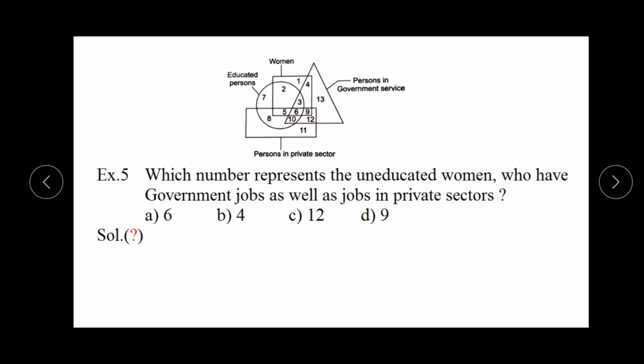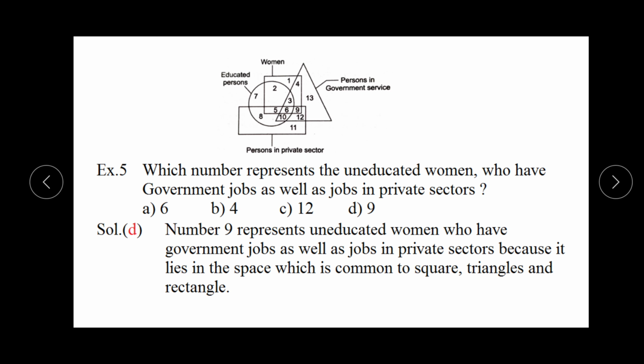But 1 is showing only uneducated women. 4 is showing women who are uneducated but in the government service only, not in the private sector. But 9 is the region in which these are uneducated women in the government service and also in the private sector. It means the fourth option is the correct option.